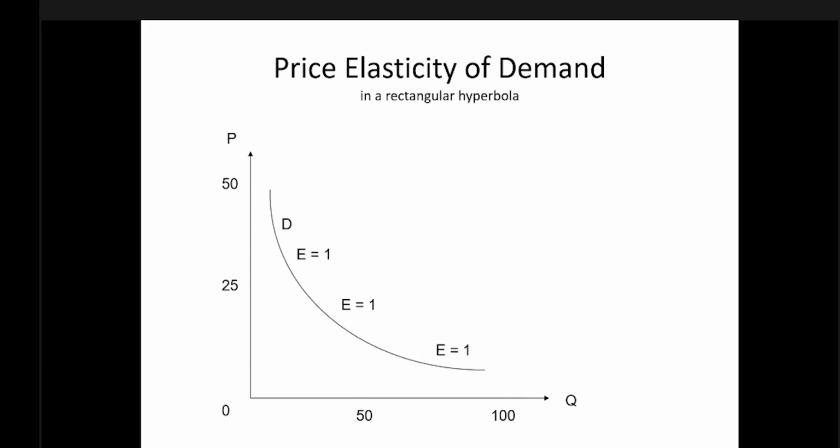And the final point in that line is the price elasticity of demand in a rectangular hyperbola. If the shape of the demand curve is like this, which is known as a rectangular hyperbola, then price elasticity of demand will be unitary, of course. You can calculate this at every point, and you will be getting price elasticity of demand equal to 1.